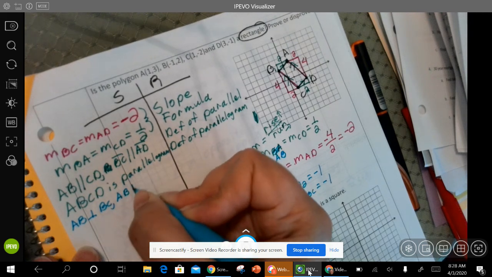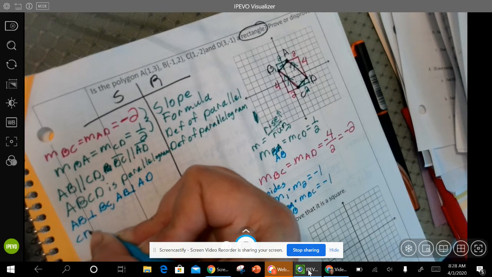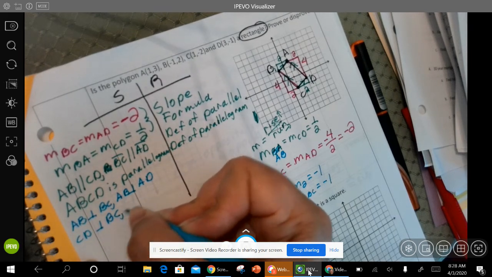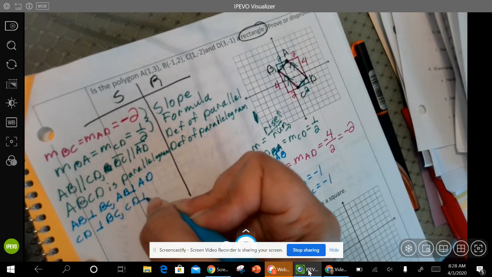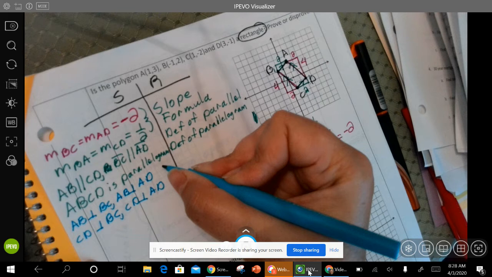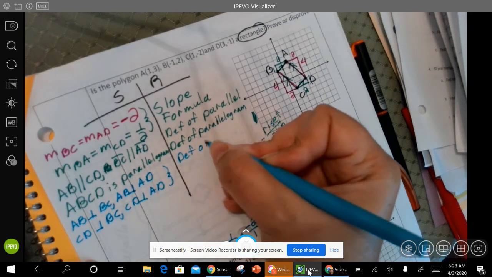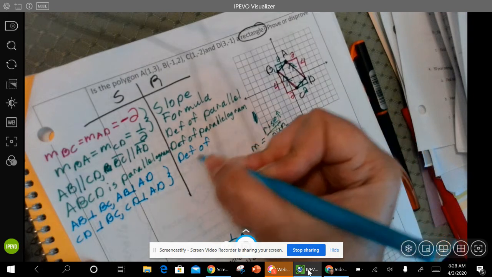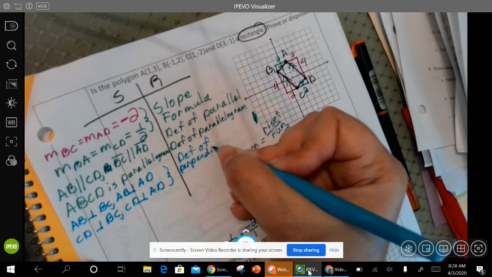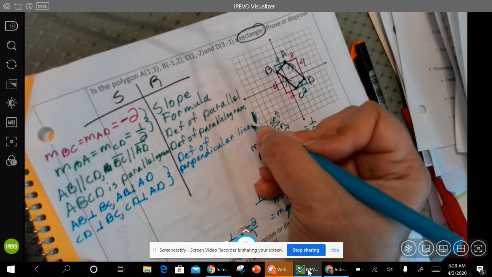AB is also perpendicular to AD. CD is perpendicular to BC. CD is perpendicular to AD. Okay, and so all of this is our definition of perpendicular lines or sides.